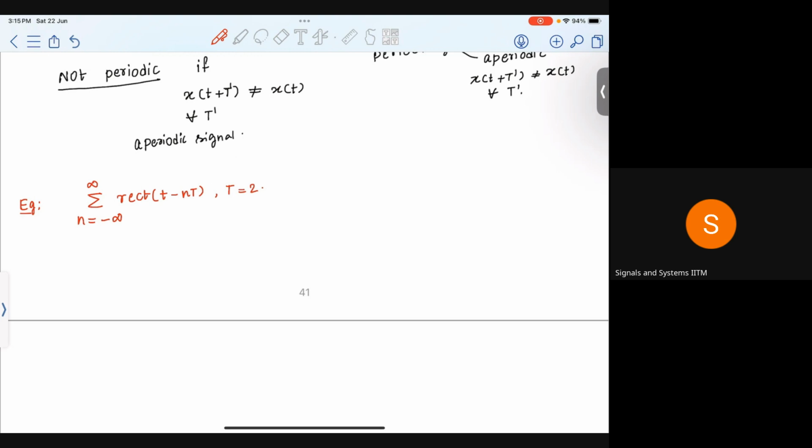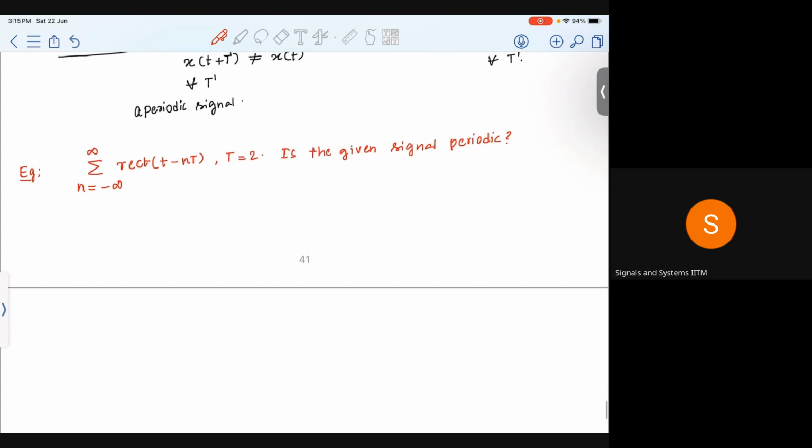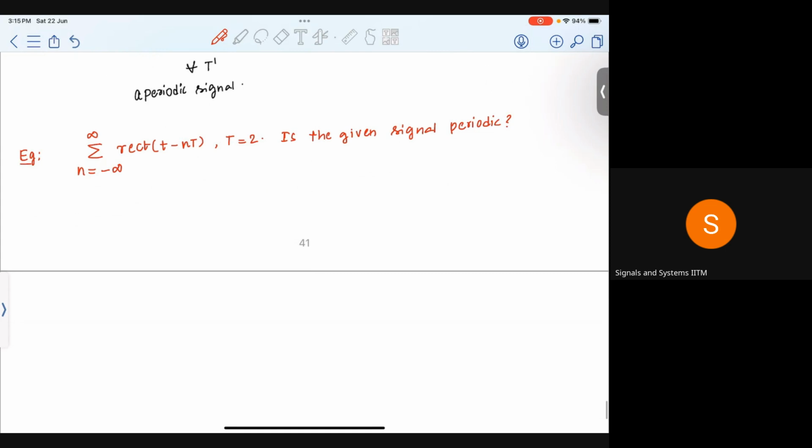Is the given signal periodic? How do we check if the signal is periodic? Let's try to plot it and see how the signal looks.